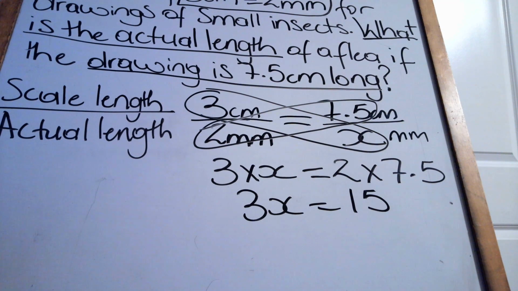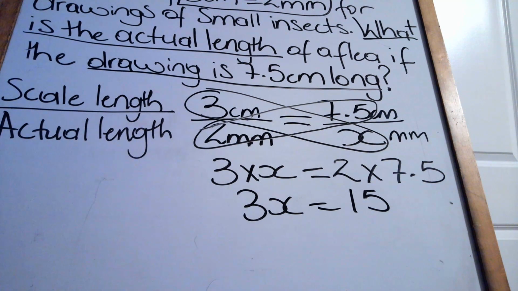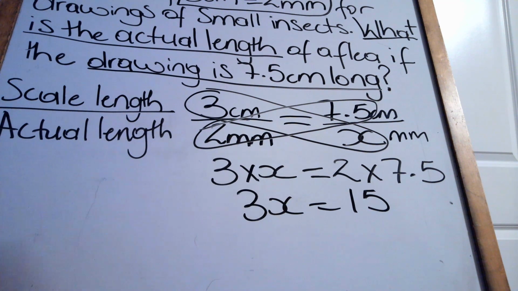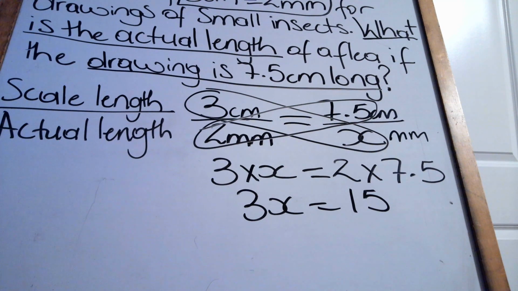The coefficient of the unknown, the coefficient of the variable, in this question, x is our unknown, x is our variable. Once the coefficient, that's the number that comes before it, is not 1, we have to divide by that number, for it to become 1.